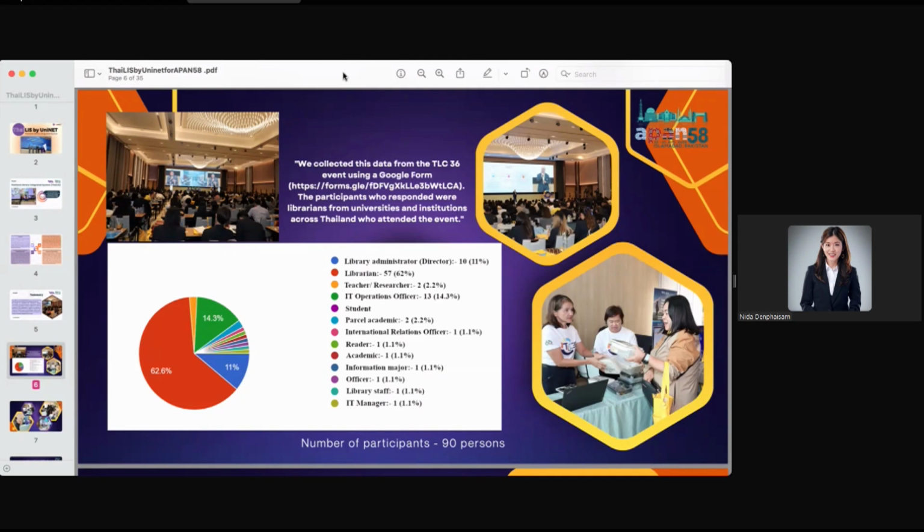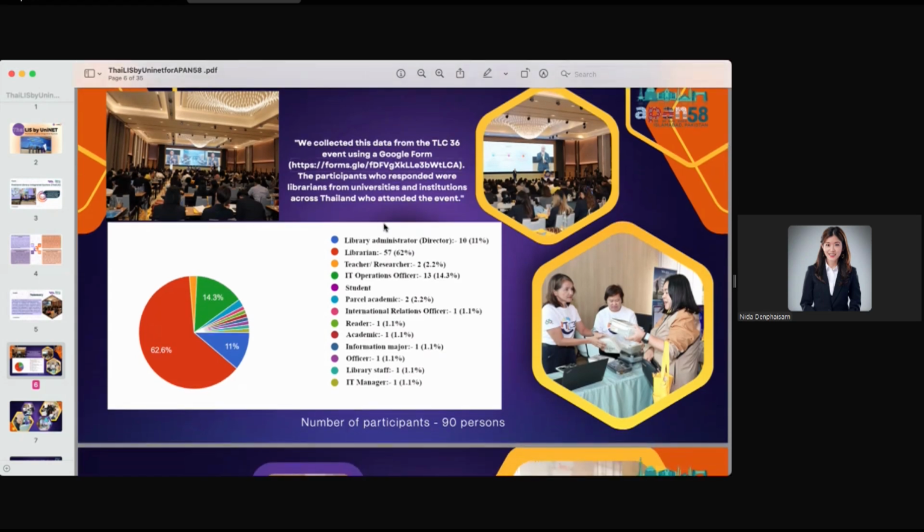The presentation from now will be the research data, which is the pain points from our users that we collected from the yearly event, and all the participants are our users, such as library administrators, directors, librarians, teachers, researchers, IT operation officers, students, academics, officers, library staff, and IT managers.